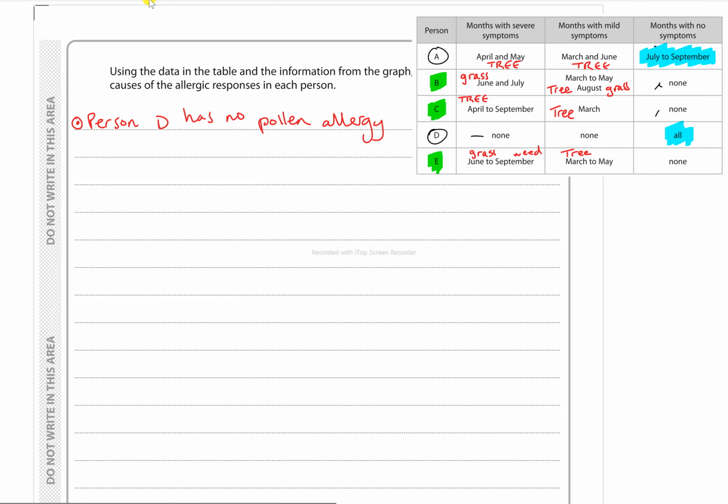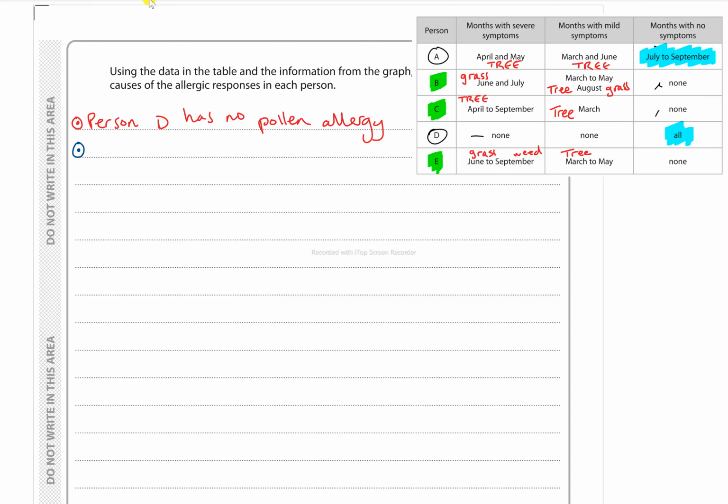Number 2, person B has some mild allergy to tree and weed.